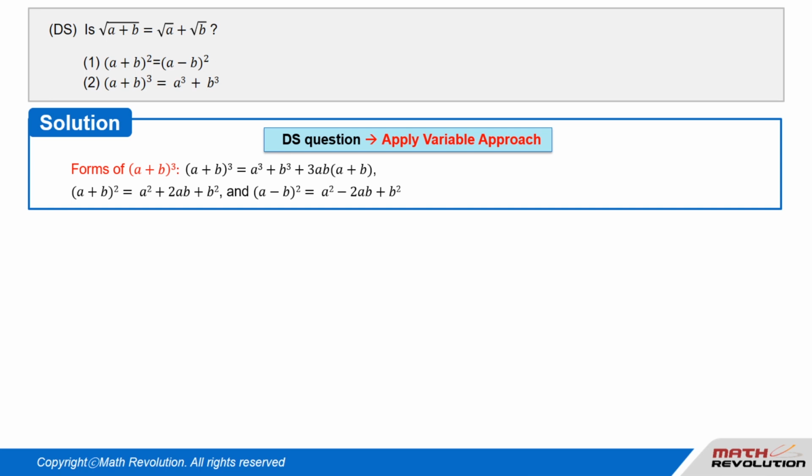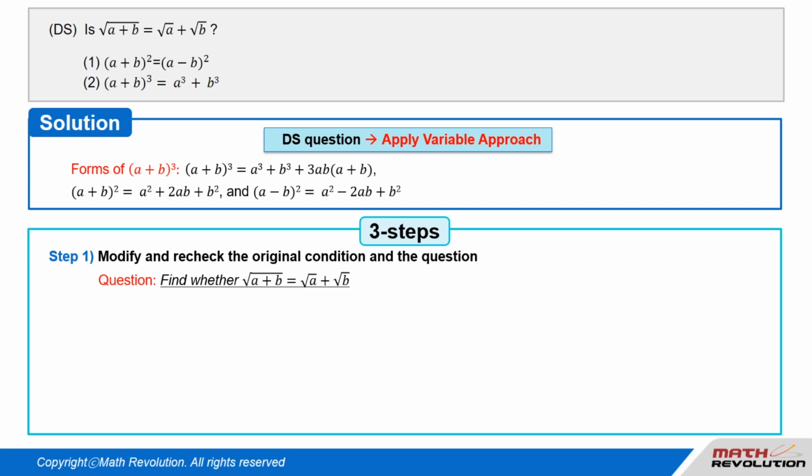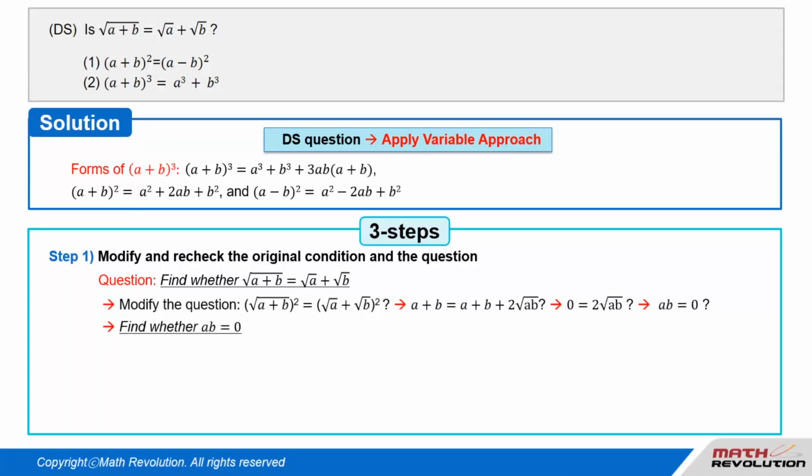Let's apply the 3 steps suggested previously. Follow the first step of the variable approach by modifying and rechecking the original condition and the question. We have to find out whether square root of a plus b equals square root of a plus square root of b. Let's first modify the question by squaring both sides. Then we get (square root of a plus b) whole squared equals (square root of a plus square root of b) whole squared.